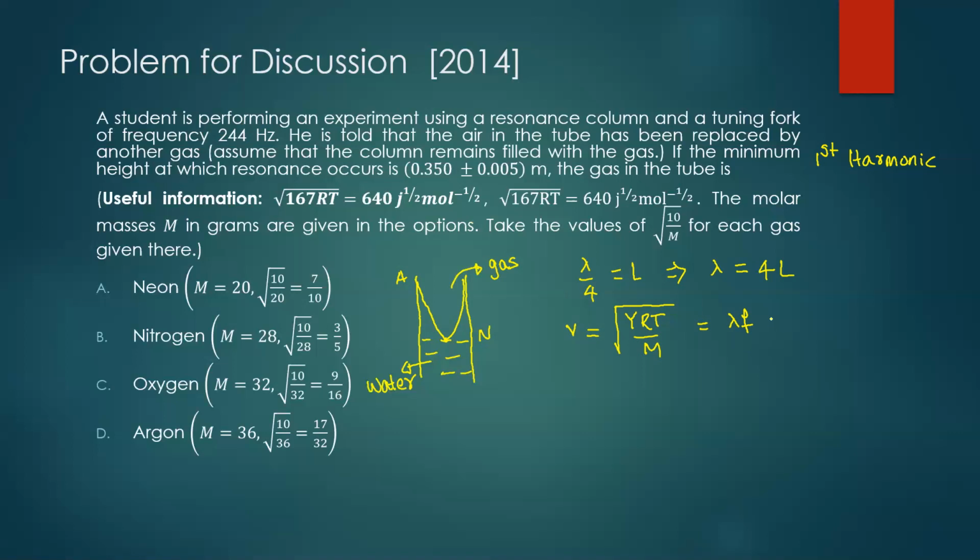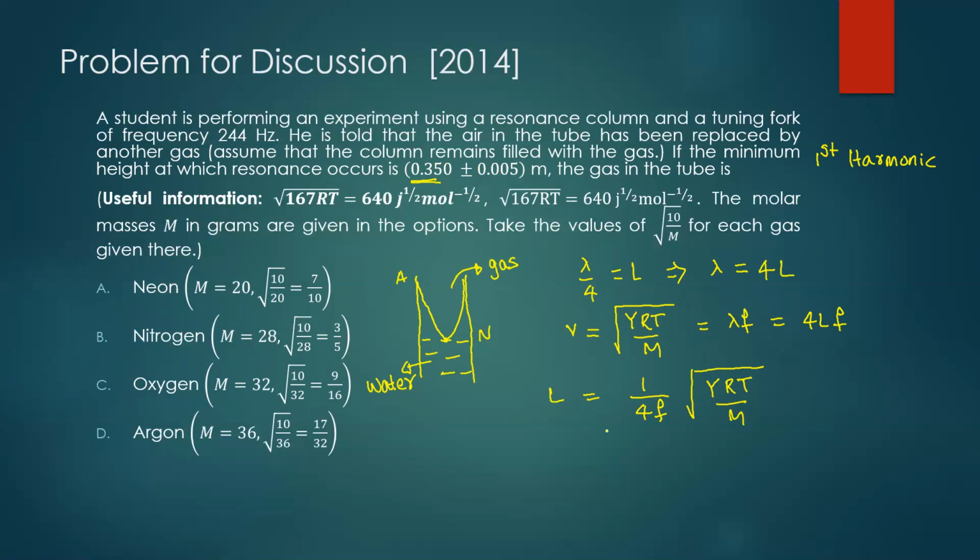So here we can write this as 4L into frequency. And in the problem, the length of the gas column is given. Okay, so we are trying to get a length which is close to this value, 0.35 meters. So you have some error. Now from here, L can be written as 1 by 4F into square root of gamma RT by M. Okay, so we're going to use this.